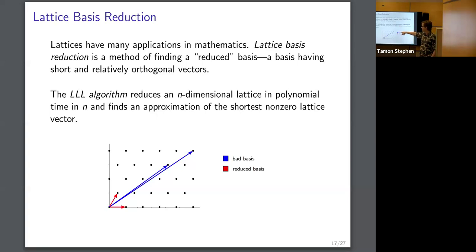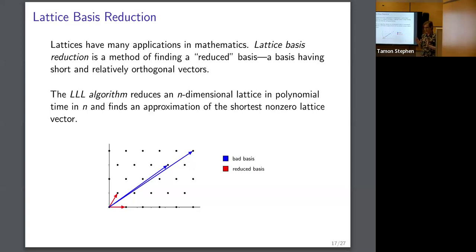Those 2 blue vectors will generate all the points in the lattice, but not in a great way. First of all, the lattice vectors are long. They're also almost parallel to each other, so there's very little angle between them. You'd much rather work with the red basis than the blue basis. The red basis gives you roughly orthogonal vectors and short vectors.